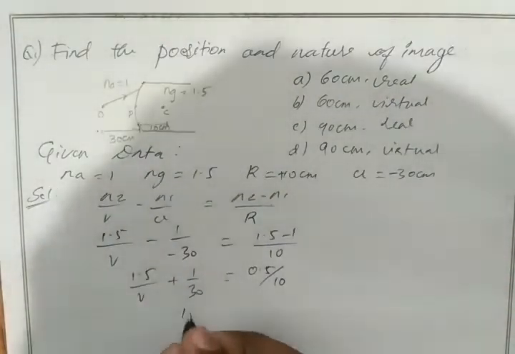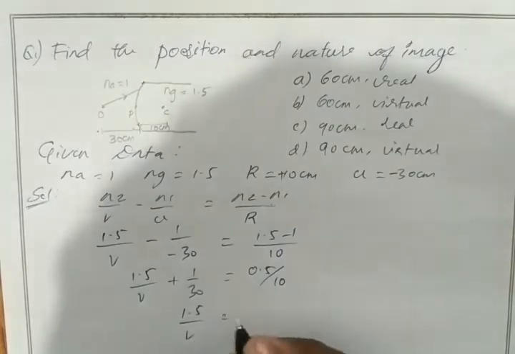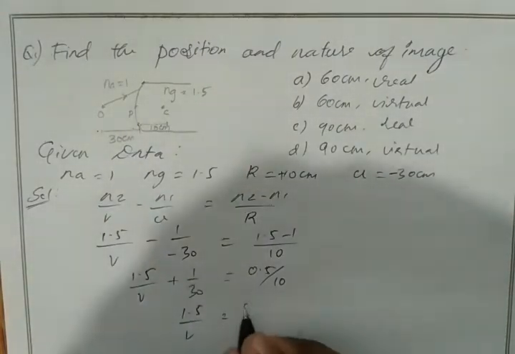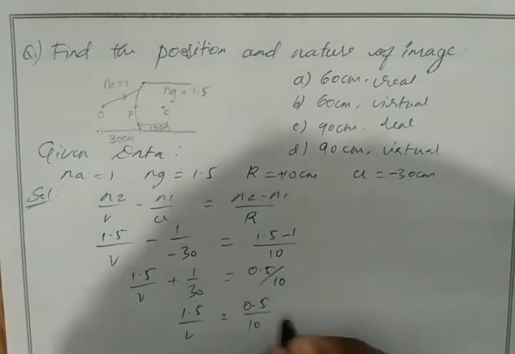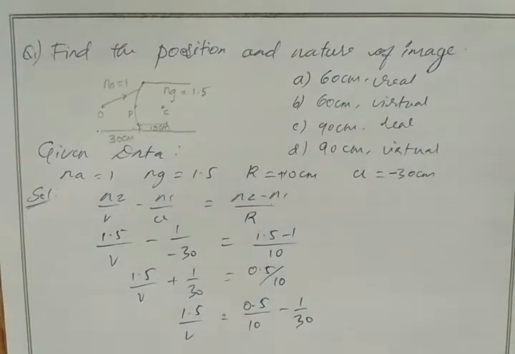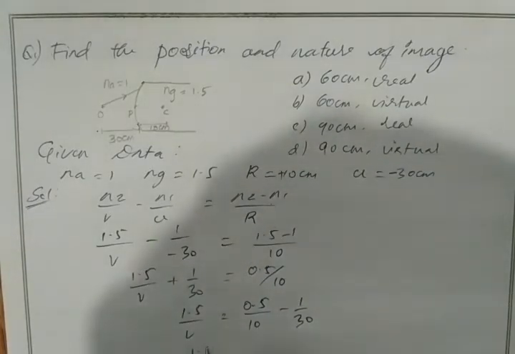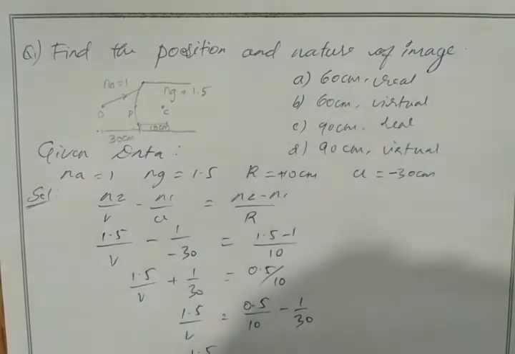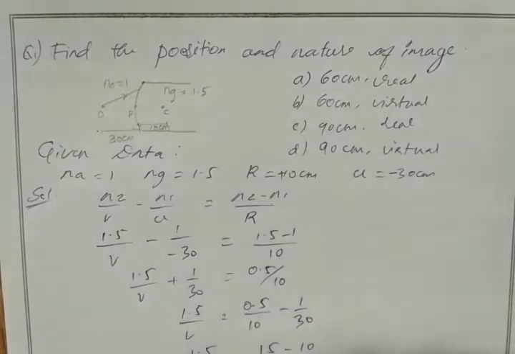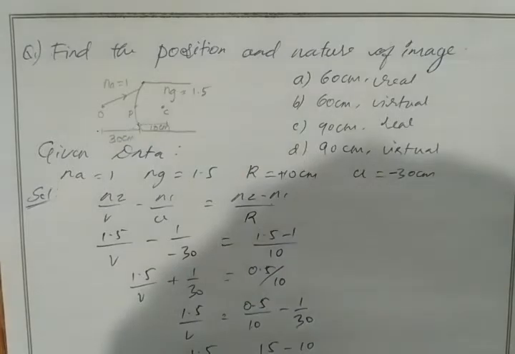So we can take 1.5 by v equal to 0.5 by 10. The plus 1 by 30 goes to the right hand side as minus 1 by 30. So take the LCM for this. 30 into 0.5 gives 15, then 10 into minus 1 gives minus 10, divided by 30 into 10, which is 300.